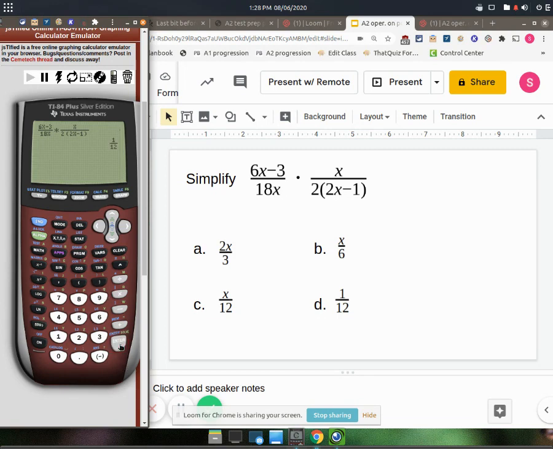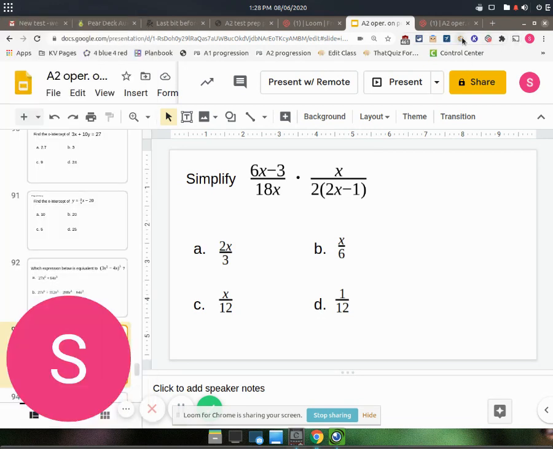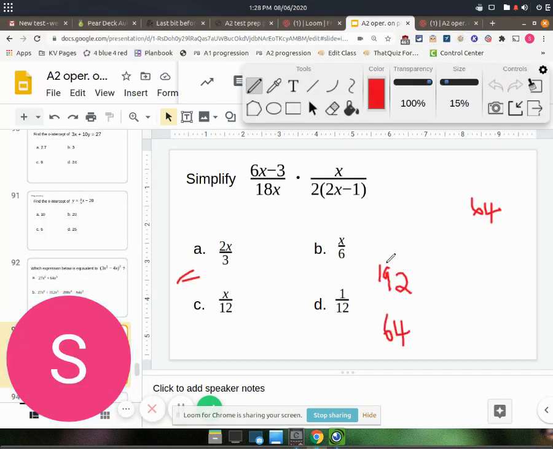1 over 12. What I like about this method is that in this case, it actually gave us the right answer right away, 1 over 12. But you can also plug in 2 for x in your head and figure out what these are. For option A, if you plug in 2 for x, you would get 4 over 3.